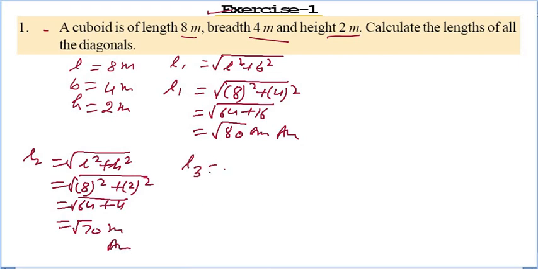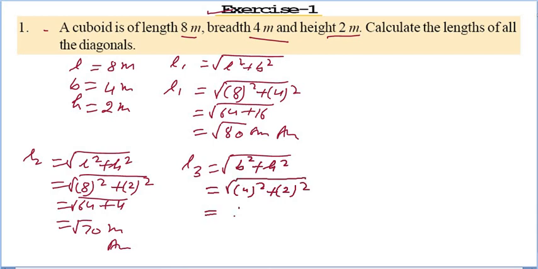Now the third diagonal, it is the under root of B square plus H square. So B is given as 4 whole square and H is 2 whole square. So under root, that is the 16 plus 4 and that is under root of 20 meters.